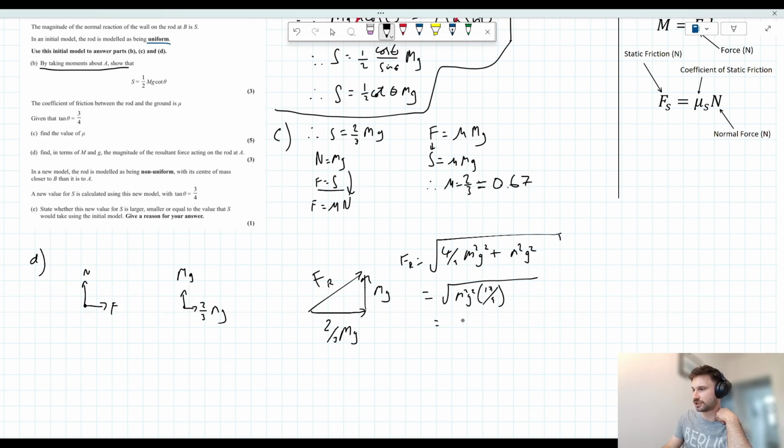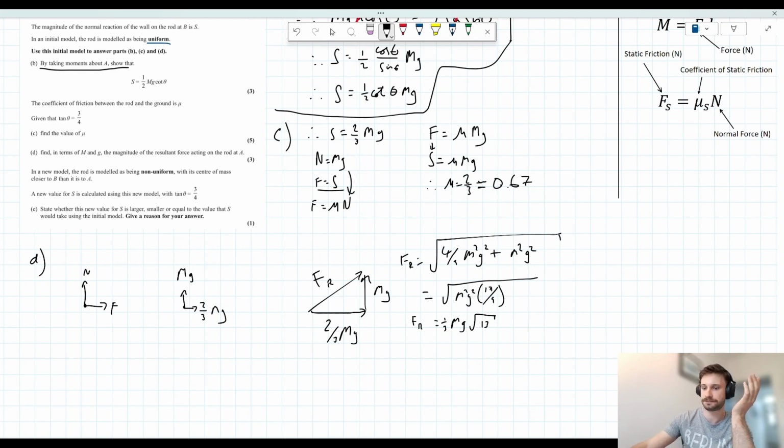This m squared g squared can root to mg, and this 13/9 can simplify to, well, square root to 1/3. That's the 9 there rooted. Root 13, that's the 13 obviously rooted there. So we can say F R is equal to 1/3 mg root 13. That's what we're looking for there.